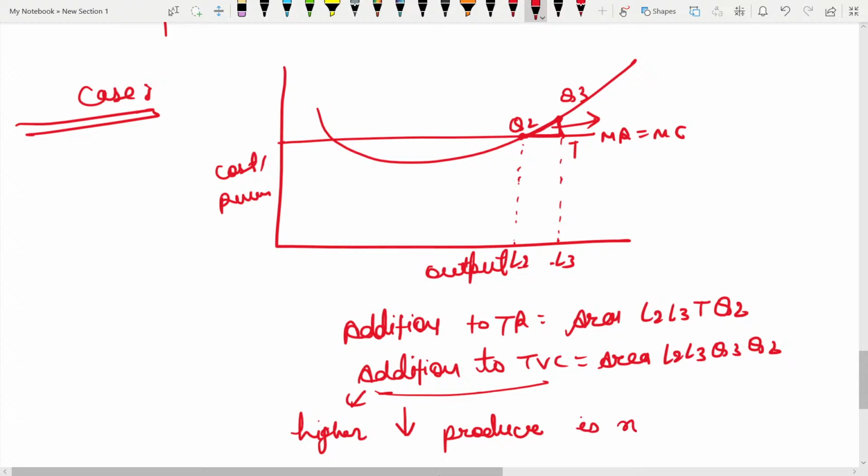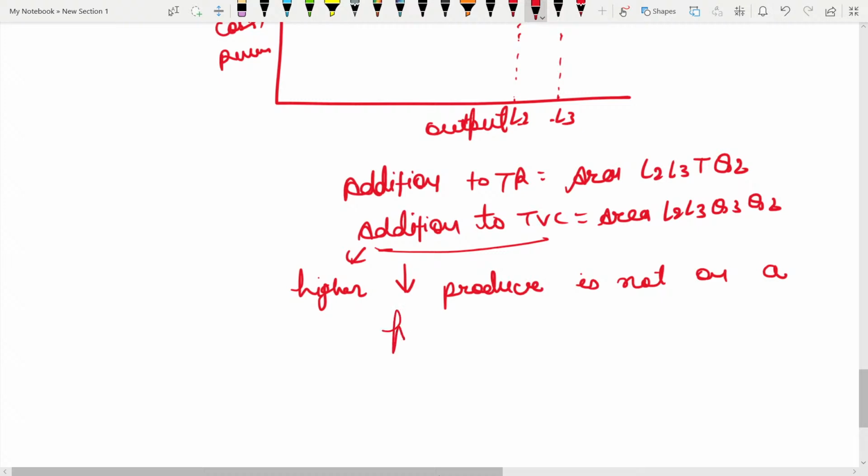So the producer at this point is not in a position to maximize his profit. Okay. So this is the situation, and this is what actually happens when the producer wants to strike his equilibrium beyond point L2, beyond the original equilibrium.